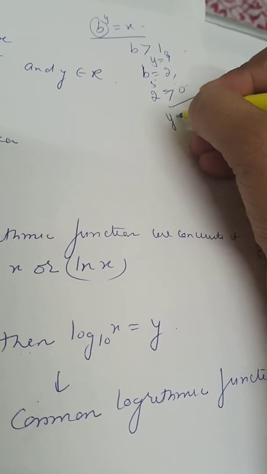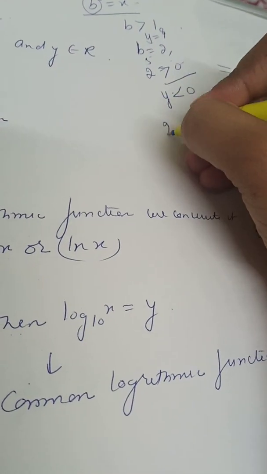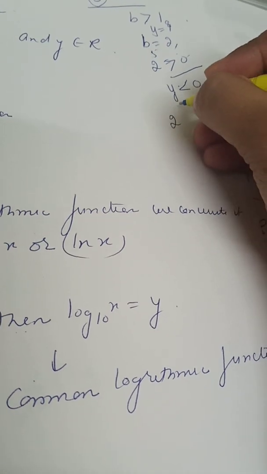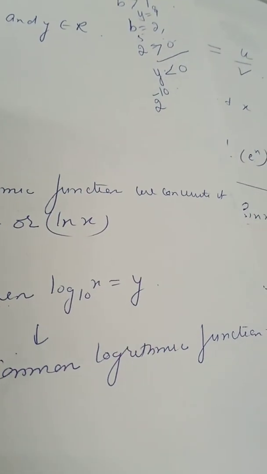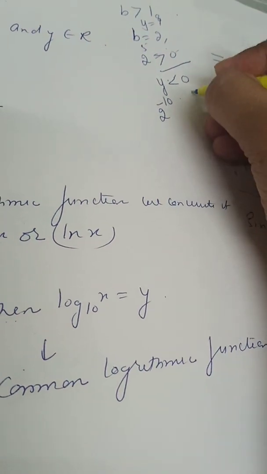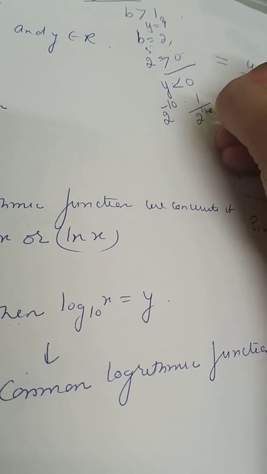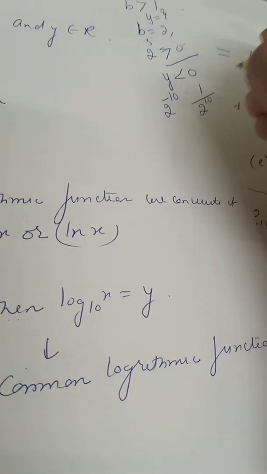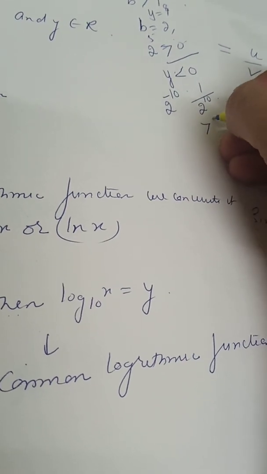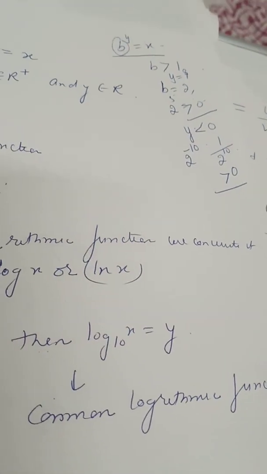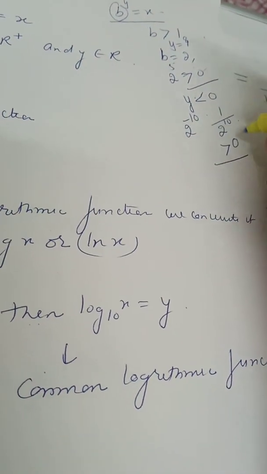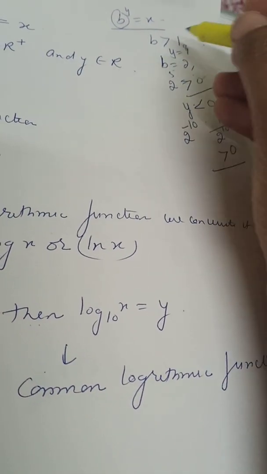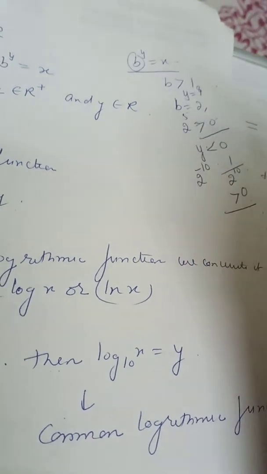And if we take y negative, suppose we take the power of b as minus 10, then it will become 1 by 2 to the power 10, and it will again be greater than 0. It may be equal to 0, but it can't be negative.